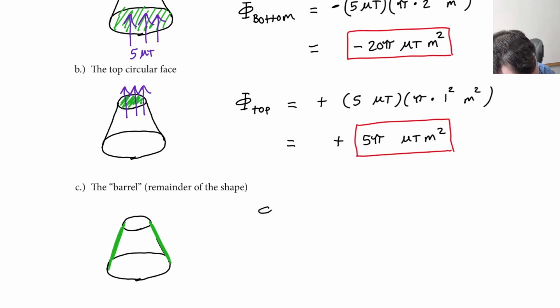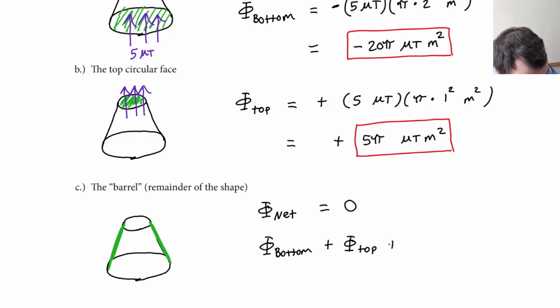So Gauss's law says that the net flux must be 0, because magnetic field lines must loop in on themselves. So what is the net flux? Well, the flux through the bottom plus the flux through the top plus the flux through the barrel must eventually cancel if I take all the surfaces.